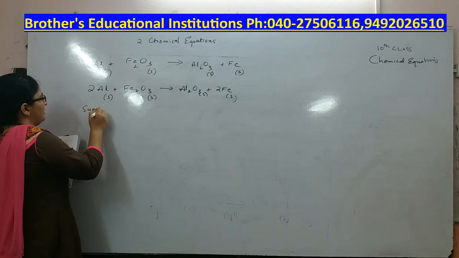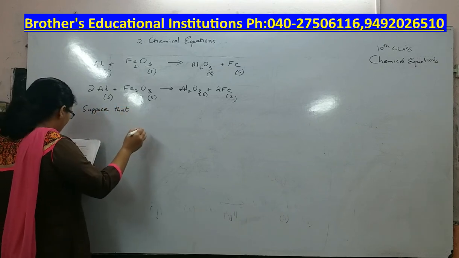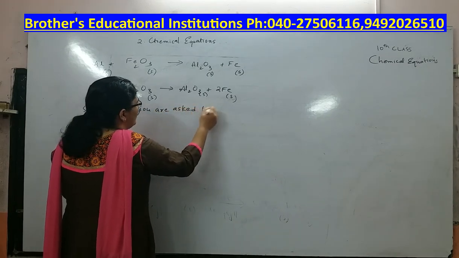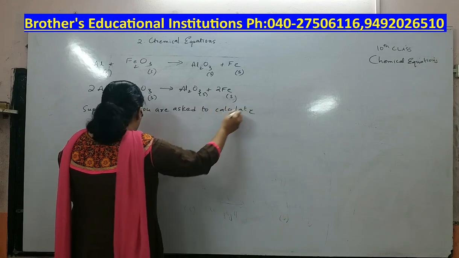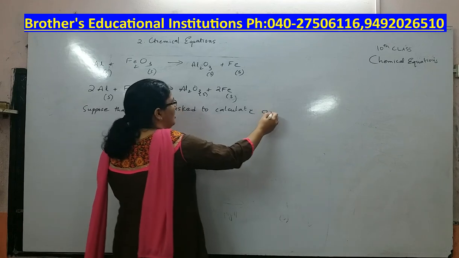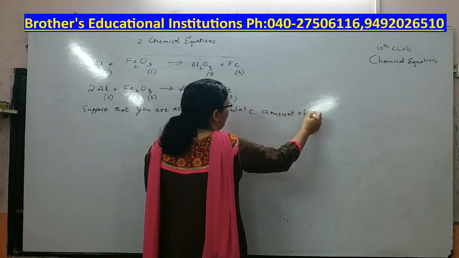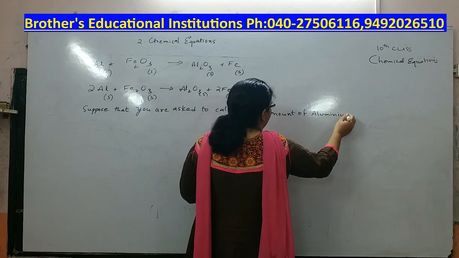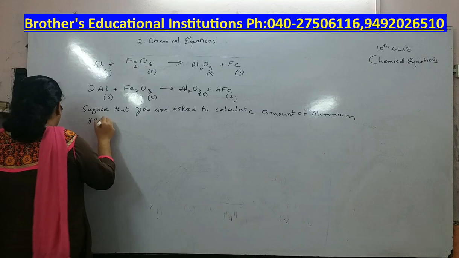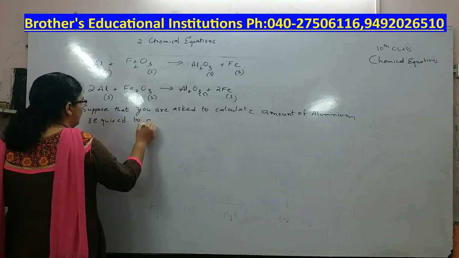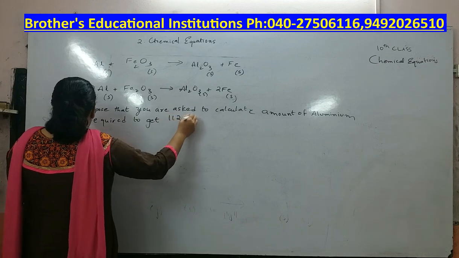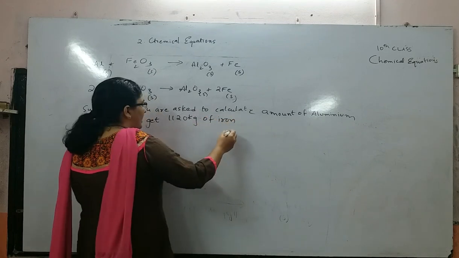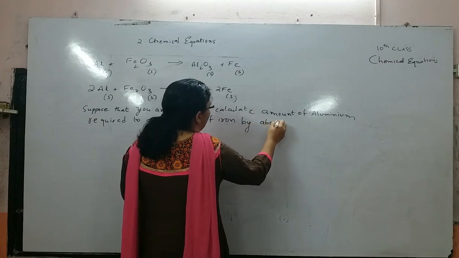Suppose you are asked to calculate the amount of aluminium required to get 1120 kgs of iron by the above reaction.